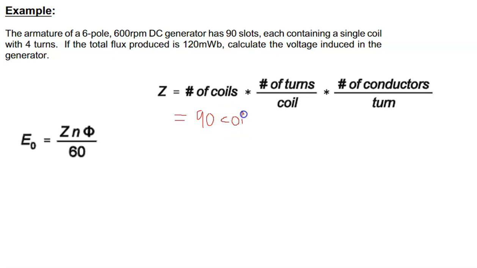So 90 coils multiplied by the number of turns per coil, and that's given, that's 4 turns per coil, and again the number of conductors per turn is always 2, and you just have to remember that.